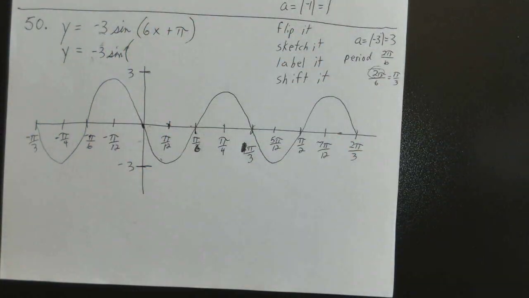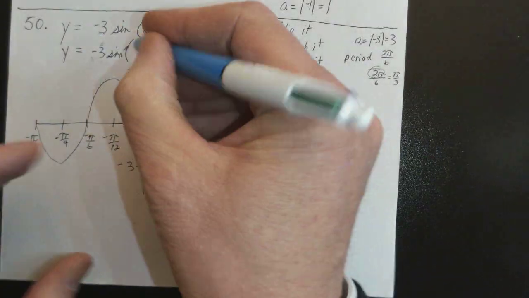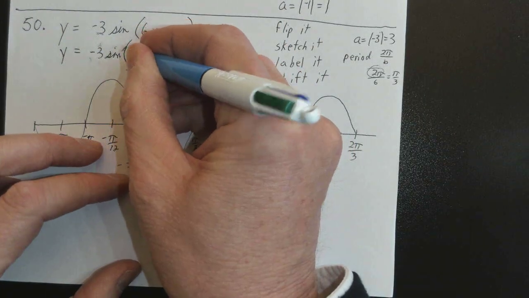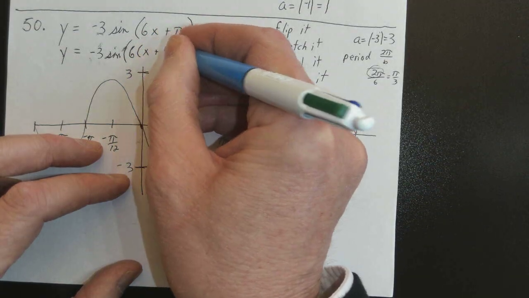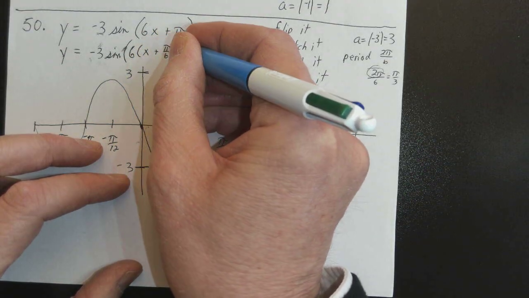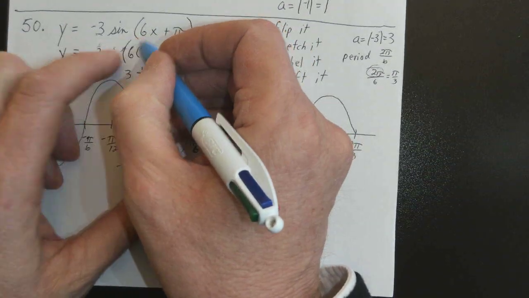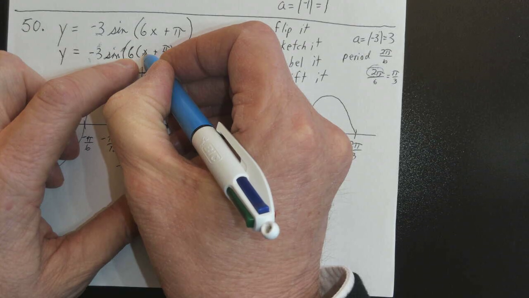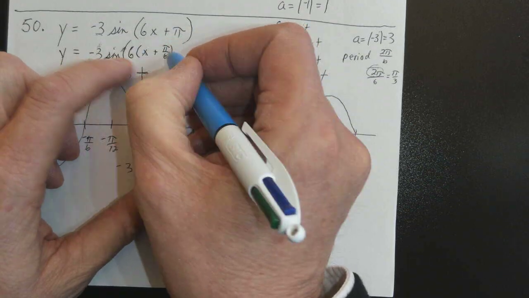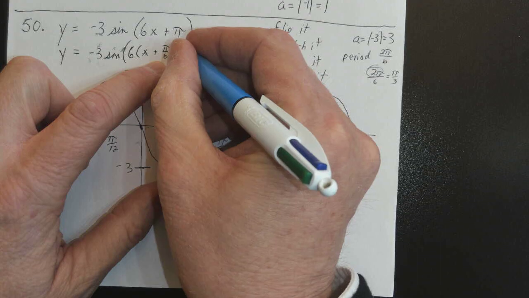And I had a different way of showing it before last year, but Mr. Shell, my student teacher, kind of showed the class this way. So if I factor this 6 out and just divide both these terms by 6, that's x, and pi divided by 6 is pi over 6.